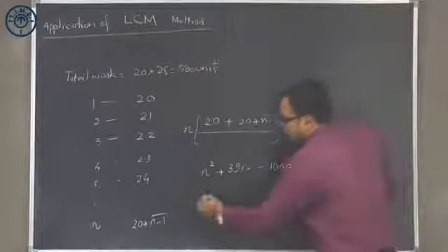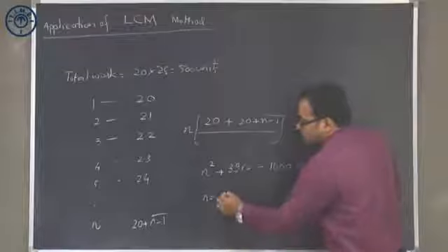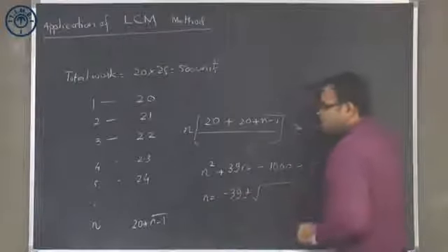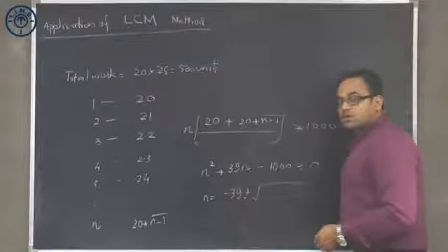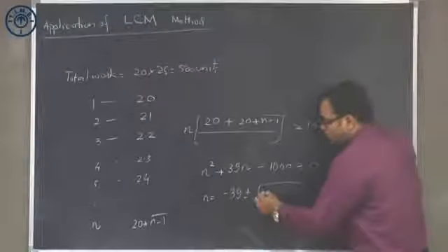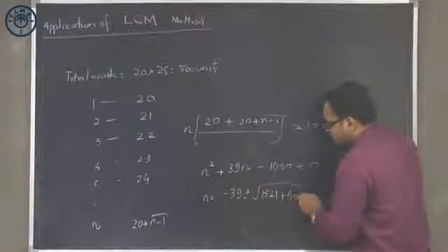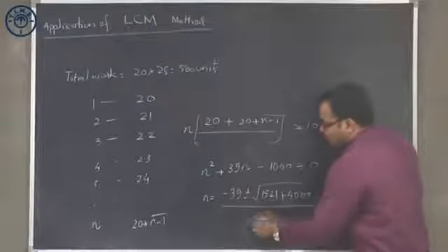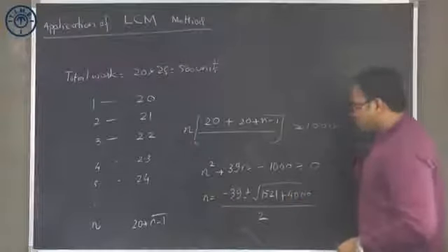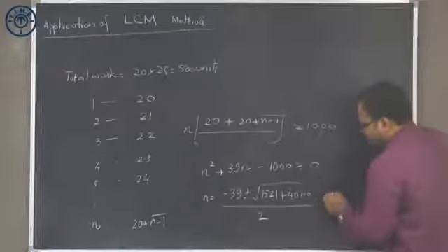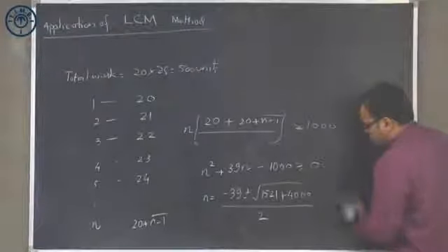From here I will get n is equal to minus 39 plus minus the square root of b square, that is 1521, plus 4000, whole upon 2. 1521 plus 4000 is 5521.